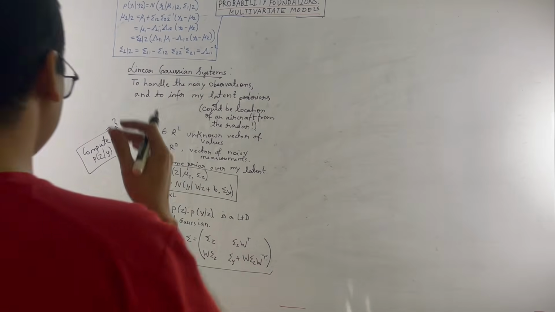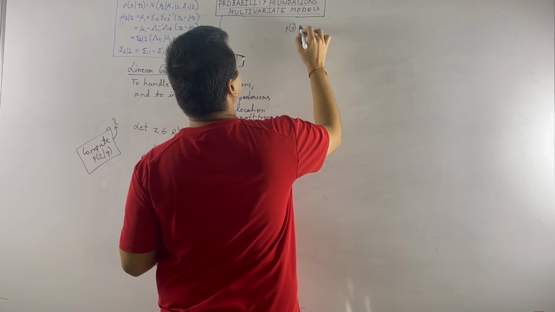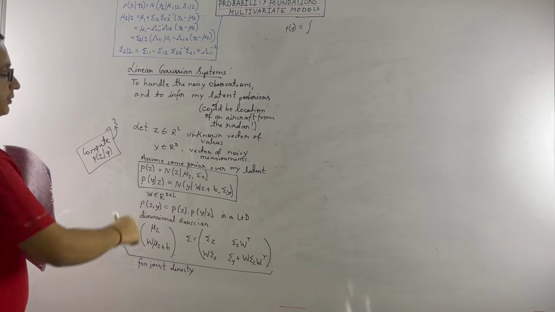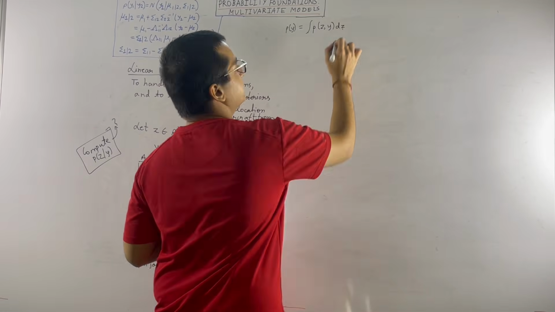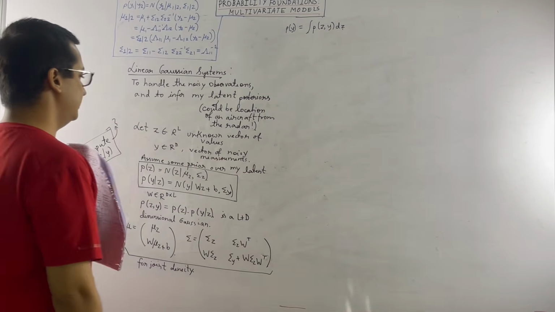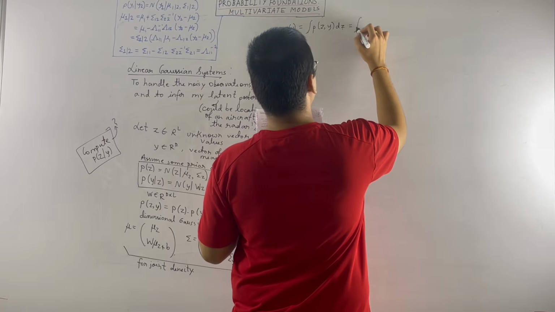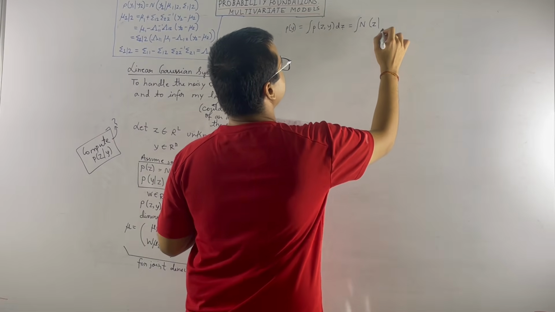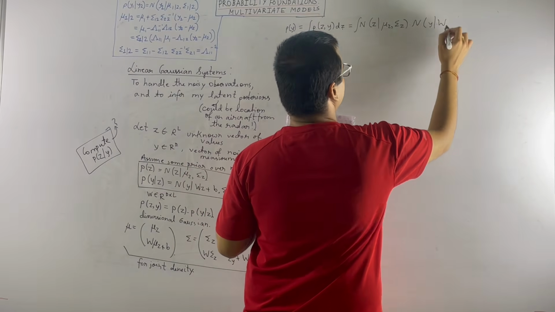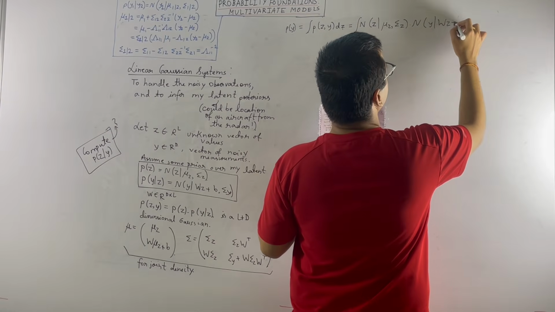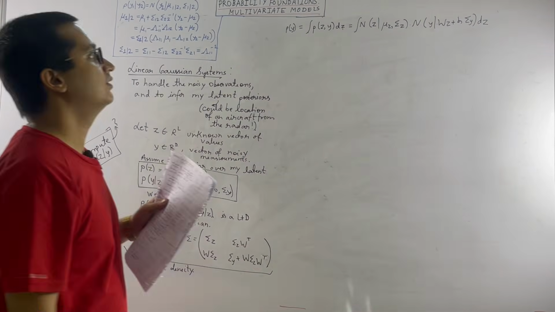So if somebody asks you what is the normalization constant P of y, how can you compute it? So P of y is the integral of P of z comma y dz, right? And this is what? P of z into P of y given z. So this thing gives me the normalization, right? N of z given mu z comma sigma z into N of y given Wz plus b comma sigma y dz. All right.